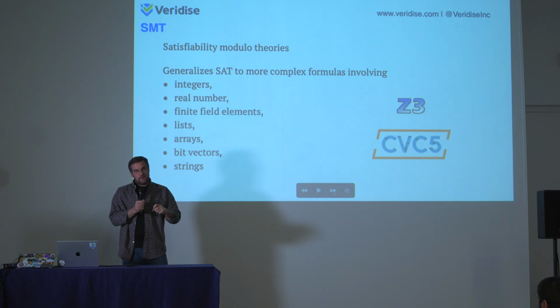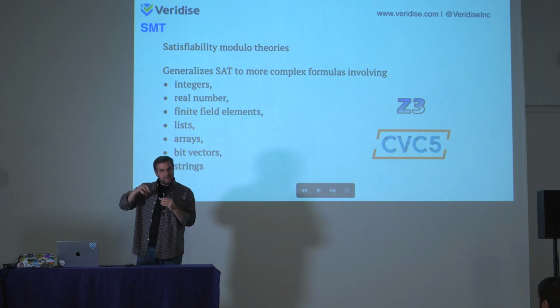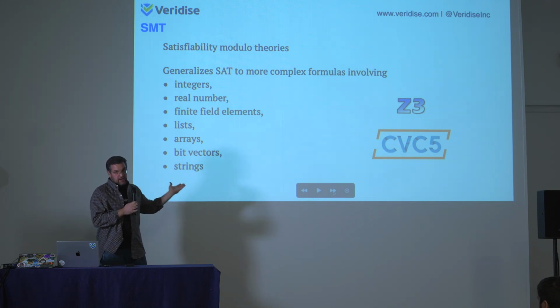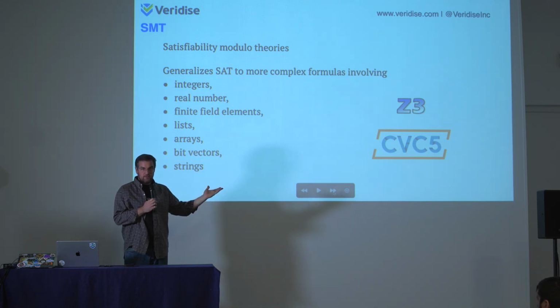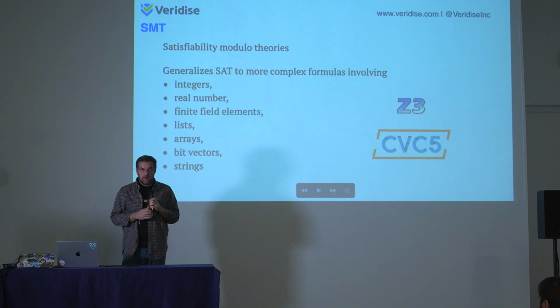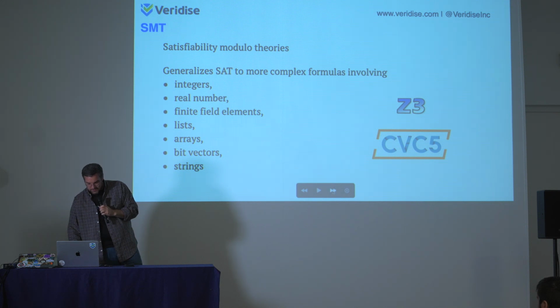And then there is a big plethora of different SMT solvers with this additional theory that you want to have on top of it. If you want to experiment with SMT solvers, the two main solvers around are Z3 and CVC5. They're both very powerful and fun to experiment with.